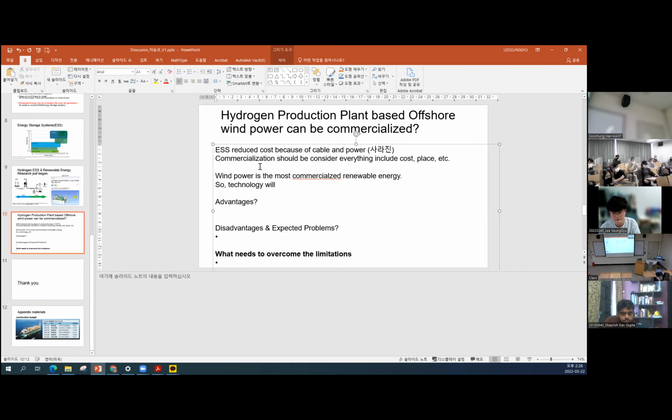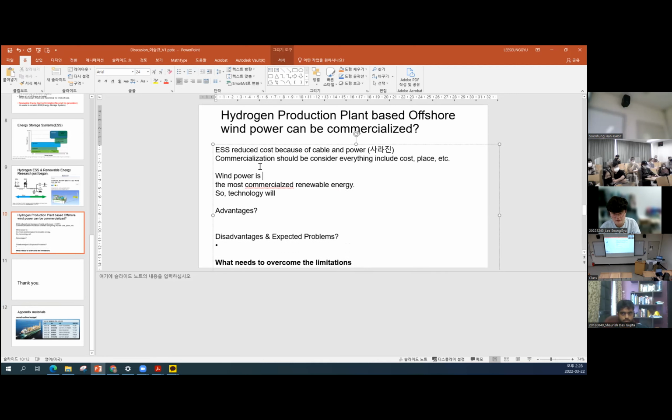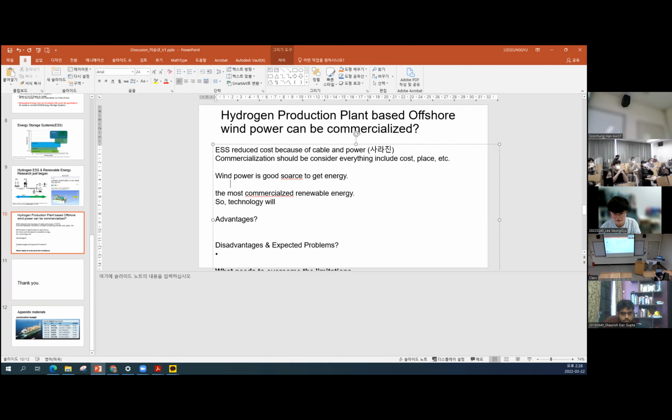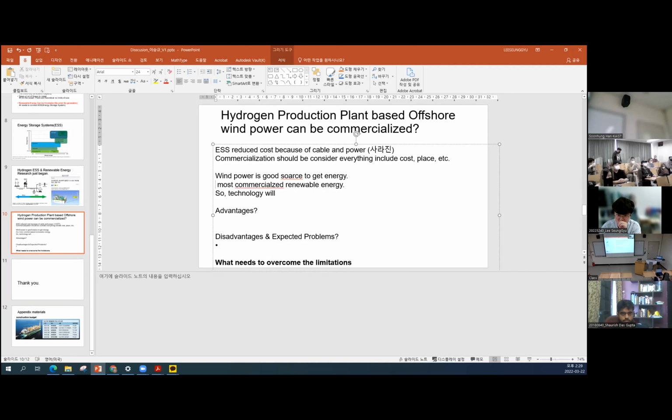So it's better to have offshore wind systems than onshore. So in the long run, it will be very profitable. So you say wind power is a good source to get energy.